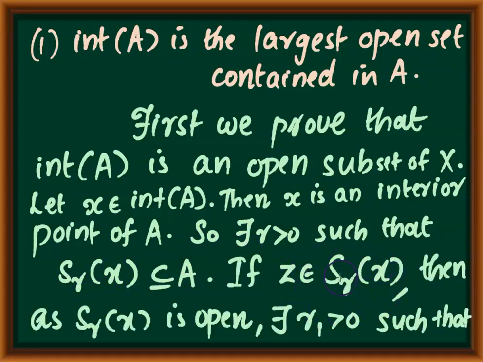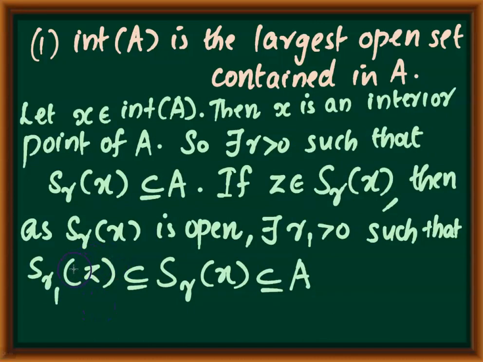Since SR of X is an open sphere, it is an open subset of the metric space, and hence for any point Z of this open sphere, there will exist some R1 greater than 0 such that SR1 of Z is contained in SR of X.